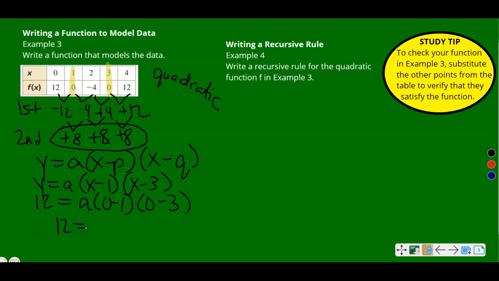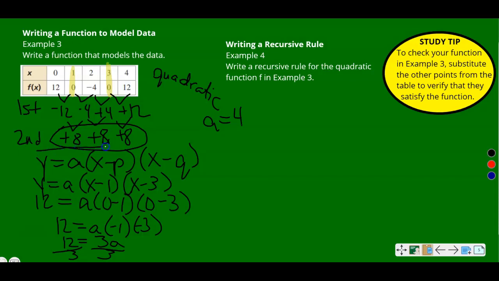So I'm going to have 12 equals a times negative 1 times negative 3. Negative 1 times negative 3 is 3. So I've got 3a equals 12, divided by 3. So a equals 4.